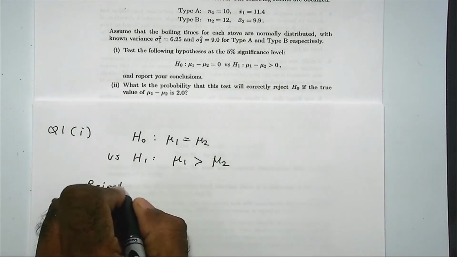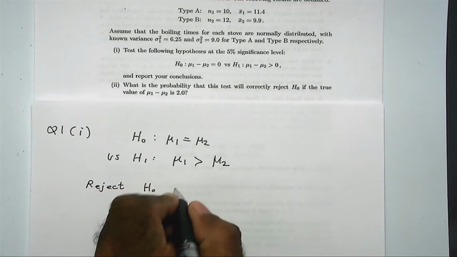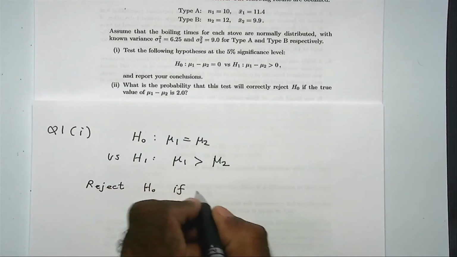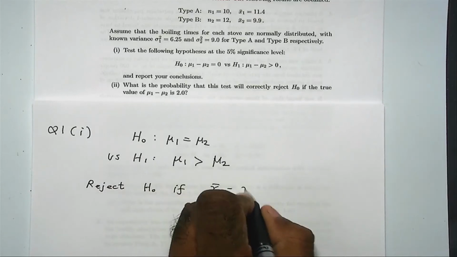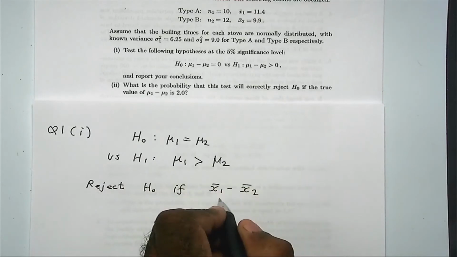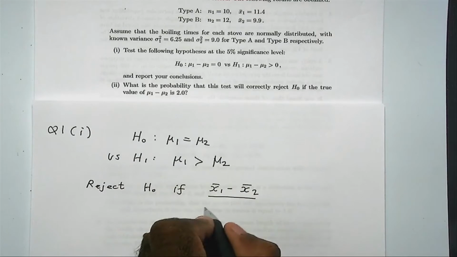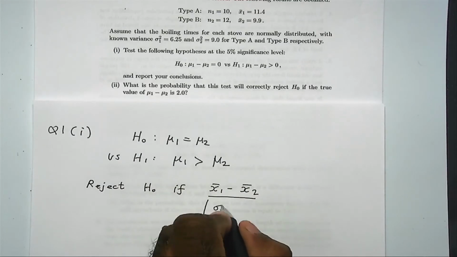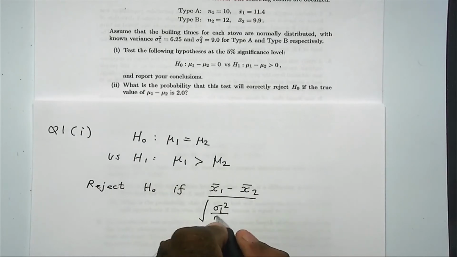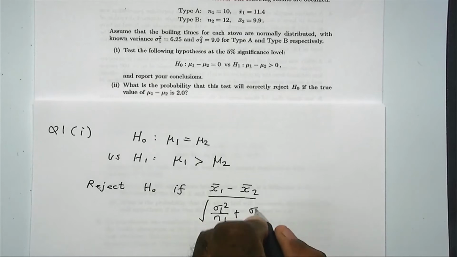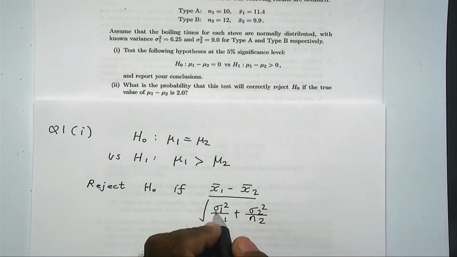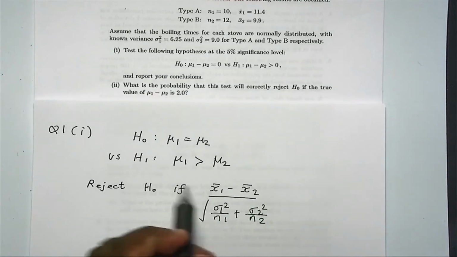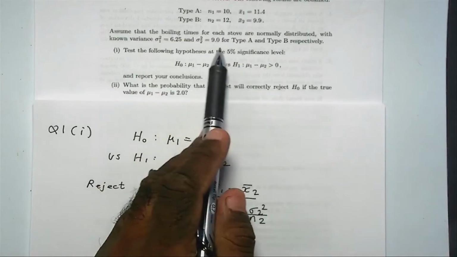We reject H0 if the following is true: x bar 1, the sample mean for the first population, minus x bar 2, the sample mean for the second, divided by the square root of sigma 1 squared over N1 plus sigma 2 squared over N2, where sigma 1 squared is the population variance for the first, which is actually given to us here, 6.25 and 9 respectively.